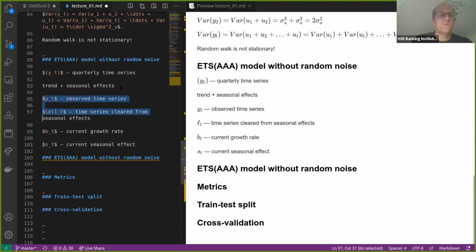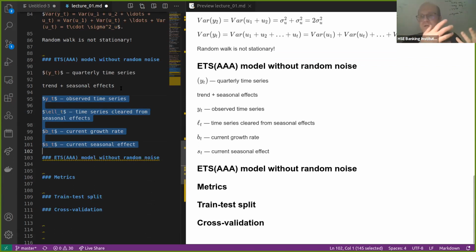We have Y_t, we have L_t, we have B_t, and S_t. We have 4 processes. Yeah, Y_t: we have Y1, Y2, Y3, Y4, and so on. We have L1, L2, L3, L4, and so on. And we have B_t: B1, B2, B3, and S1, S2, S3, and so on. Notation is clear. We have an observed time series. We have unobserved time series.